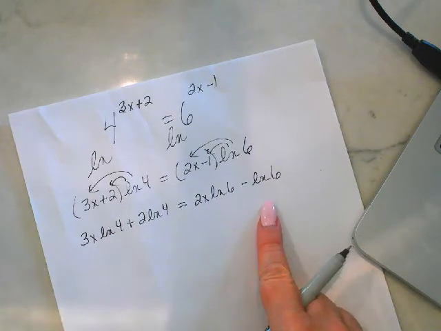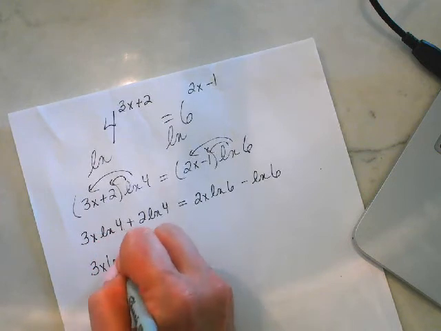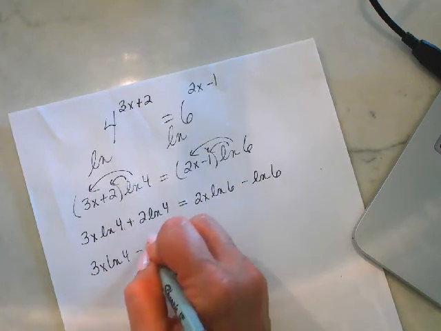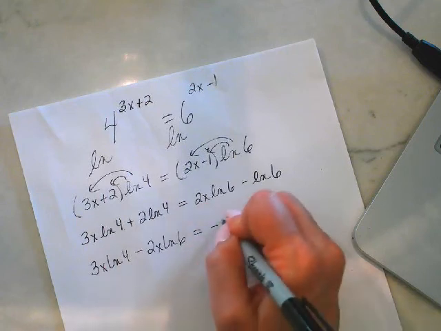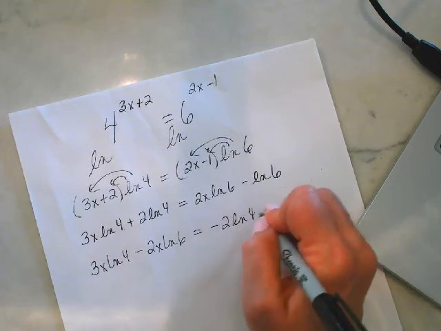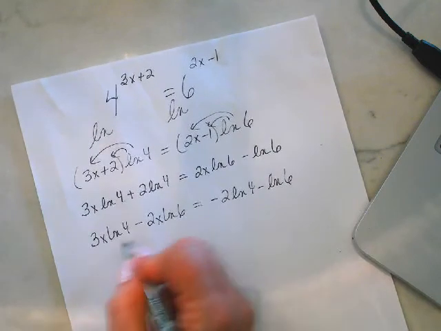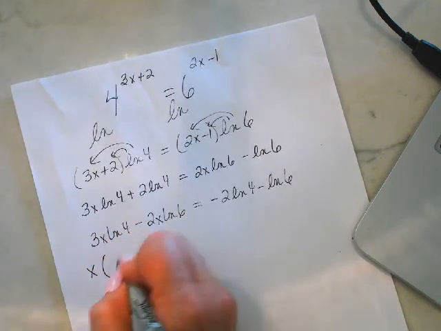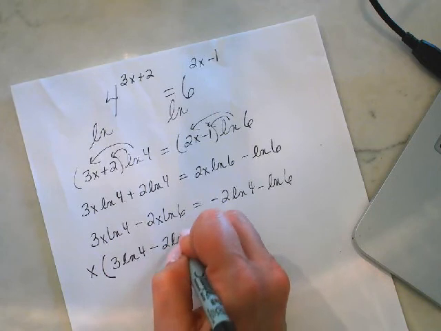Again, I want to get all the variables that have x together, and the non-variables on the other side, so I'm going to do a little finagling. 3x ln 4, I'll bring this here by subtracting it, and bring that way. Again, I need to get x alone, so I'll factor it out.